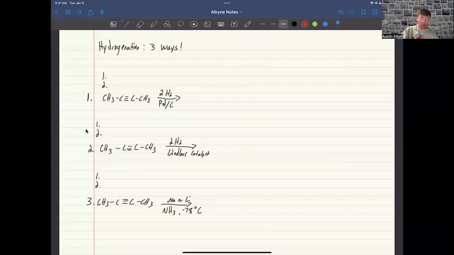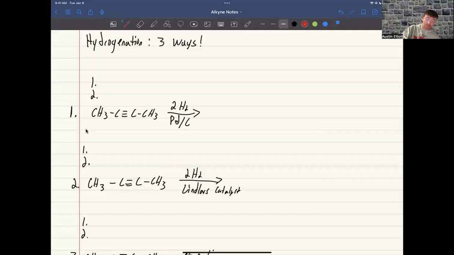So it's going to add four hydrogens, and there's no stereochemistry for this one.